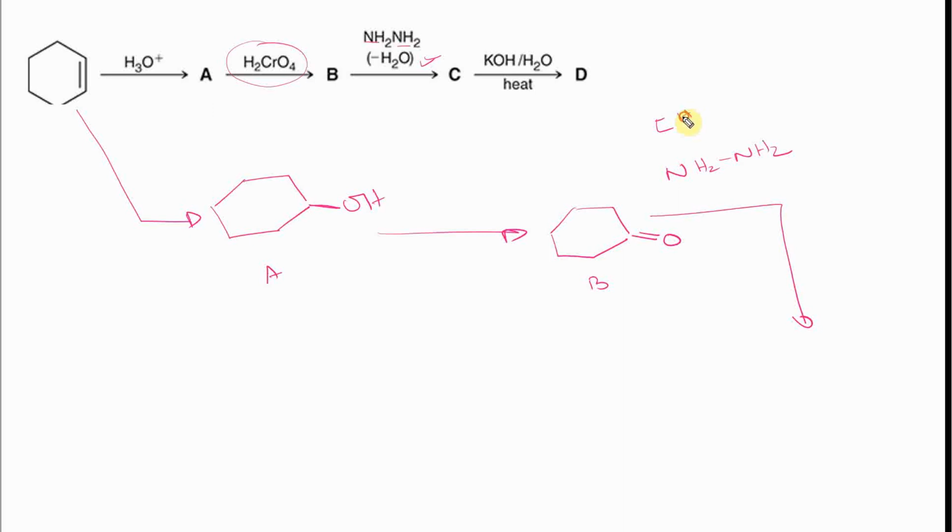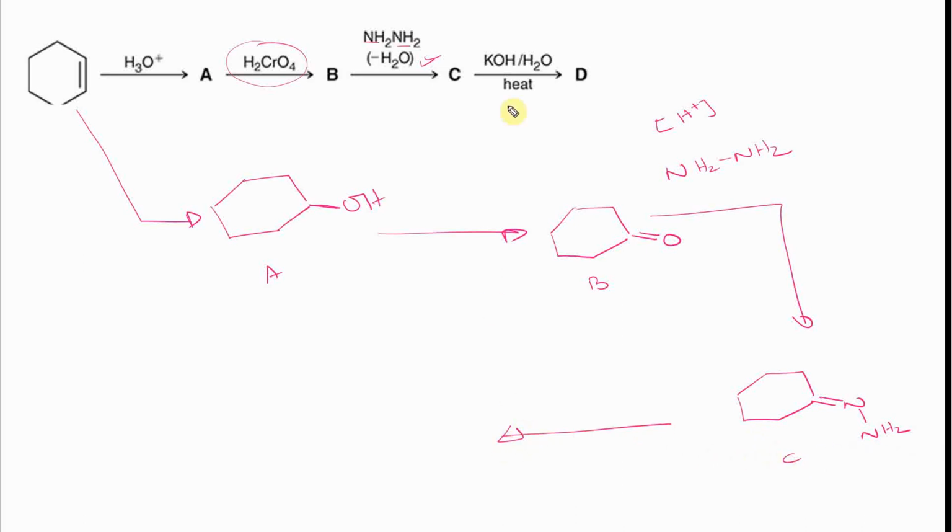So you can always presume that if that's not given, and that's an equilibrium. Usually this reaction is an equilibrium, but you can remove water by heating the system or by adding molecular sieves which will selectively absorb water, and that will give you a one-sided reaction. And in this case, since you're using hydrazine, you're going to get the hydrazone. That is the structure of product C.